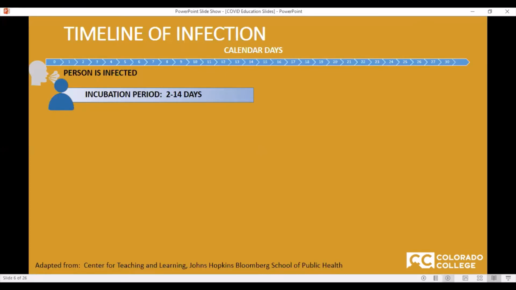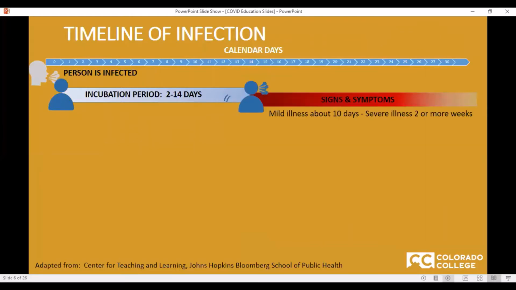This means that a person could develop symptoms anytime between 2 and 14 days after being exposed to the virus. In our example, our blue person develops symptoms at day 14. For someone who develops mild illness, their symptoms are likely to last for about 10 days. For someone who develops more serious or severe illness, symptoms might last for more than 2 weeks.